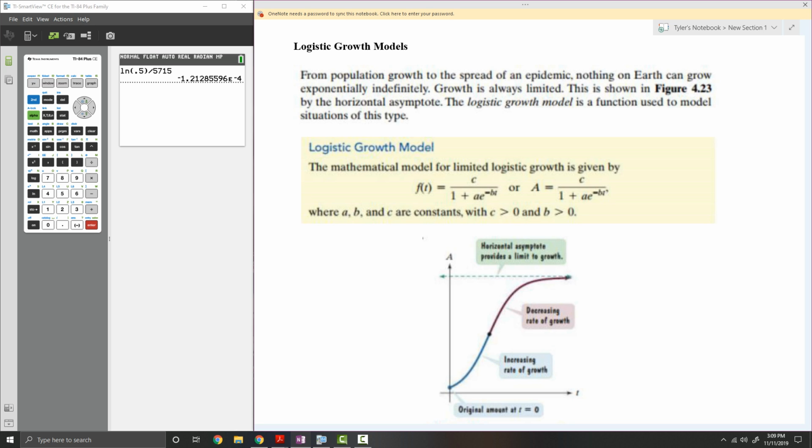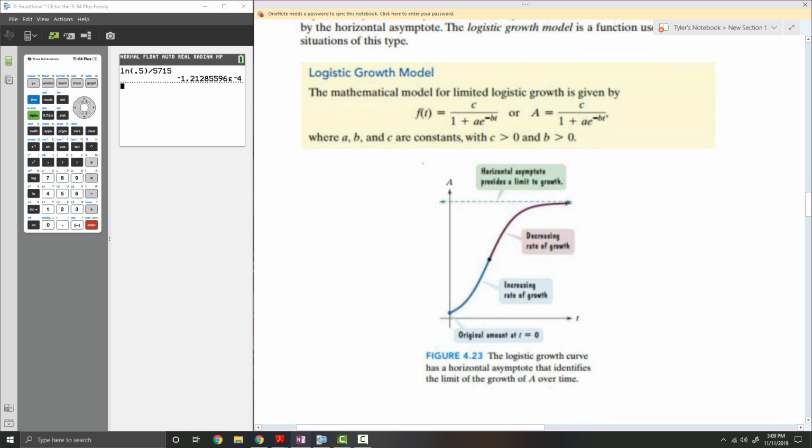There's maybe some kind of cap, some horizontal asymptote that limits growth. That's where this logistic model comes in. You can see here the equation for a logistic growth model and a graph of it, and you can see there's a limit, a horizontal asymptote.